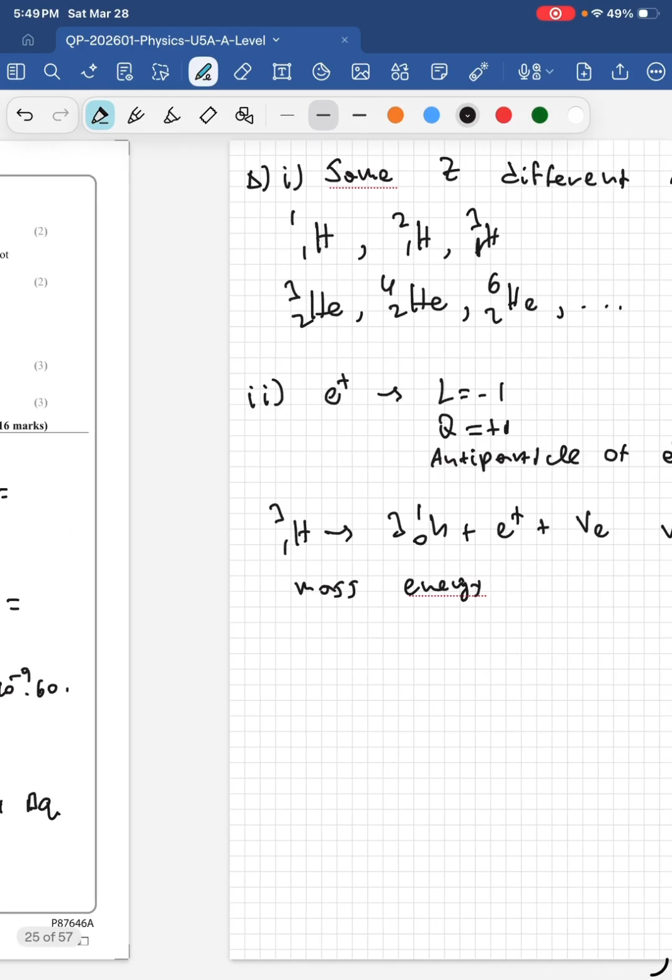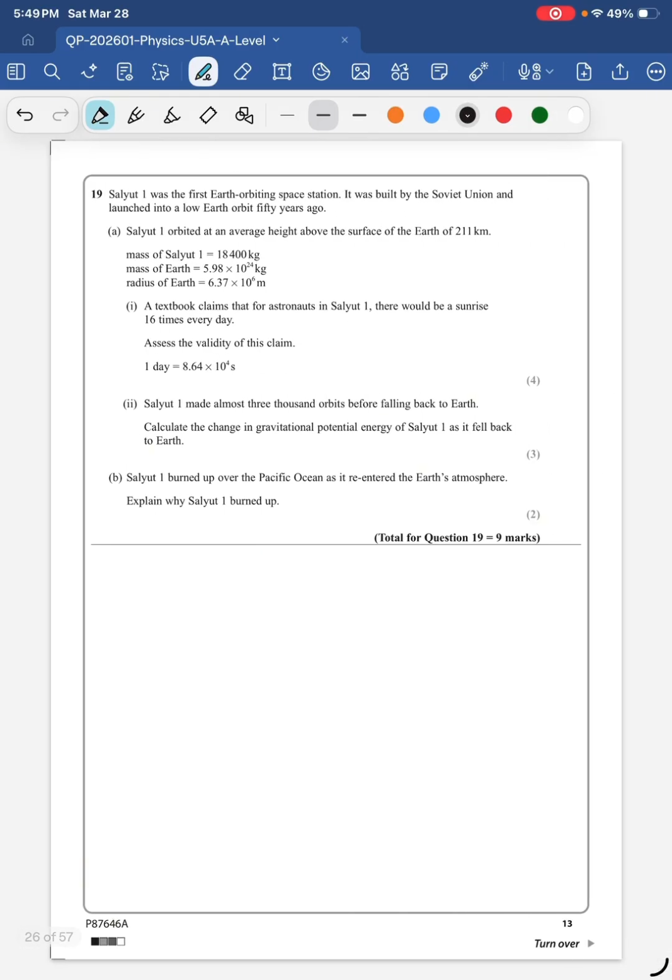Okay, let's move on to question 19. How do you pronounce that word? Salyut, I guess. So Salyut 1 was the first Earth orbiting space station. It was built by the Soviet Union and launched into a low Earth orbit 50 years ago.